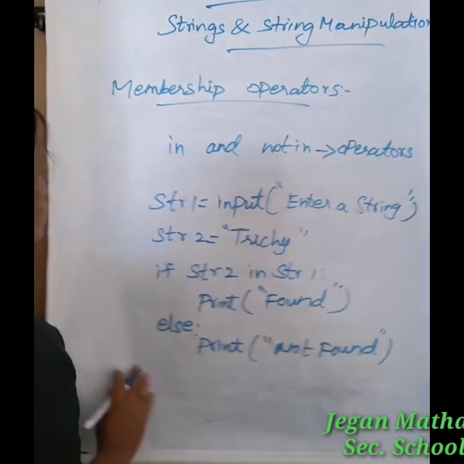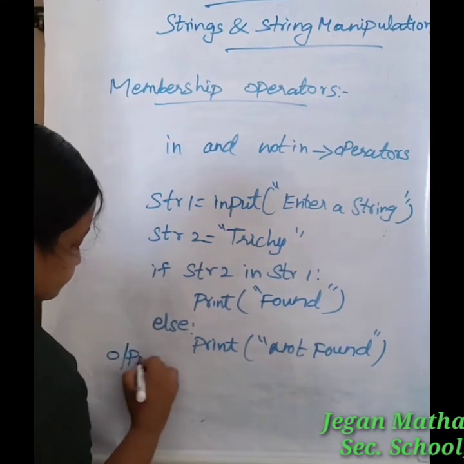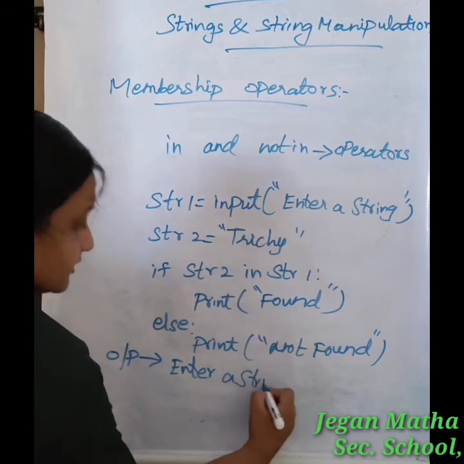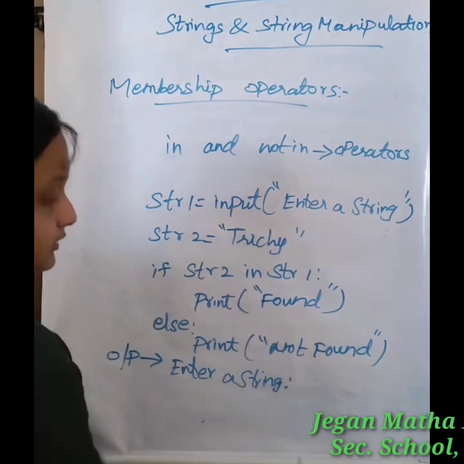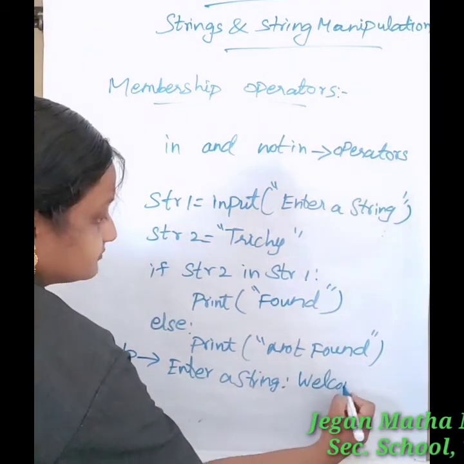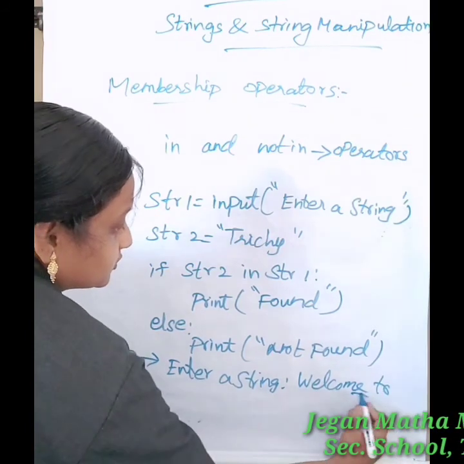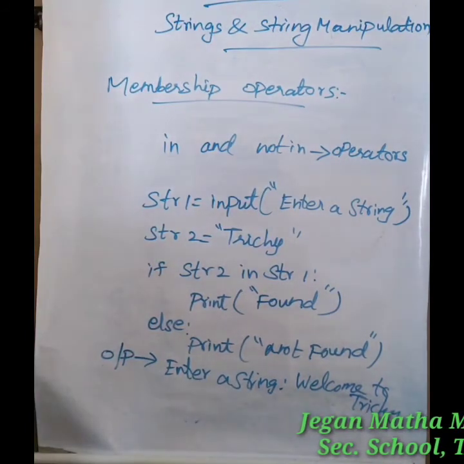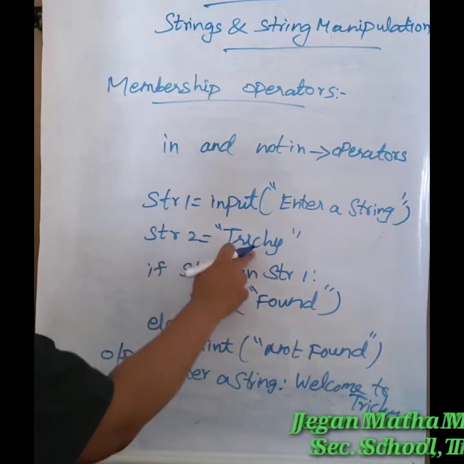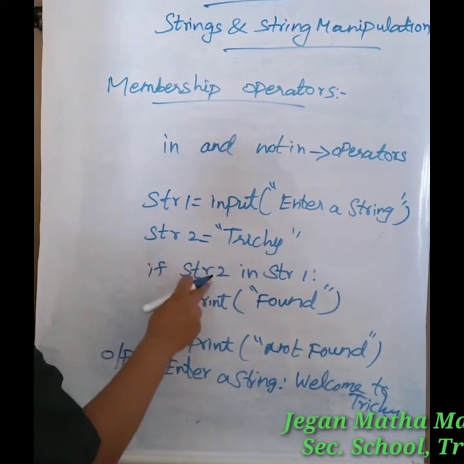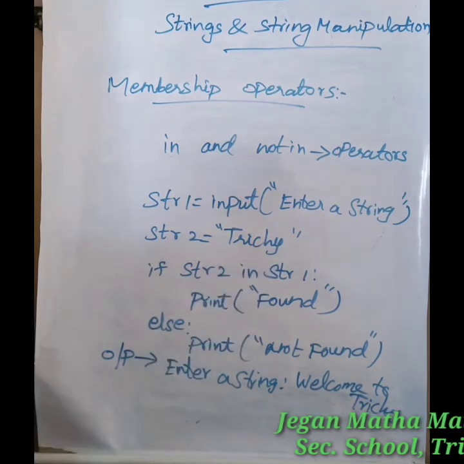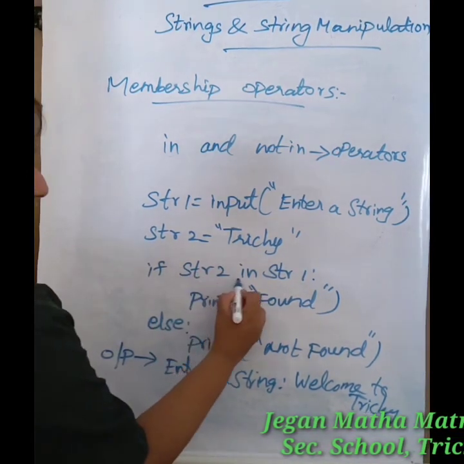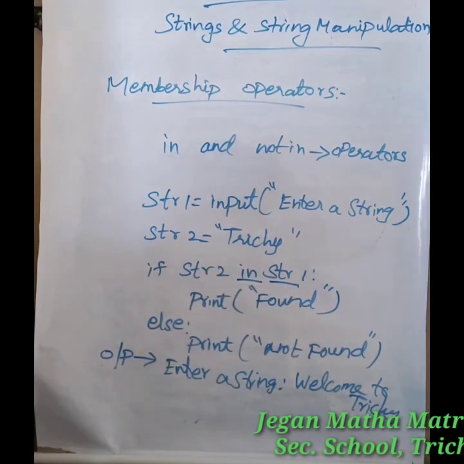So the output of this program is, enter a string, and then we will give welcome to Xii. So this is the first string, welcome to Xii, and then string 2 is Xii. Here we are going to check string 2 in string 1, whether string 2 is present in string 1 or not.